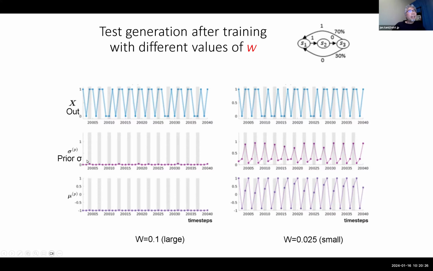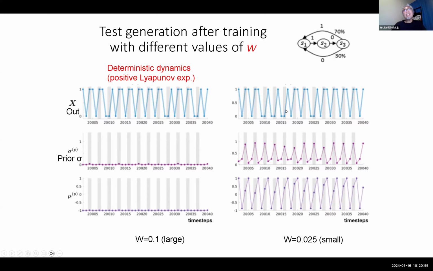That means there is almost no noise added, so there is no probabilistic component, but it is still generating probabilistically by following this. So what we found is that deterministic dynamics is developed when W is set larger, like this value.